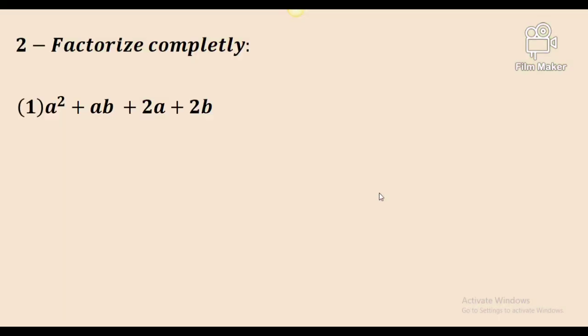Exercise number 2, factorize completely. Question 1. Who can tell me what is the common factor here between a power 2 and ab? Of course, the common factor here is a. And the common factor here is 2.